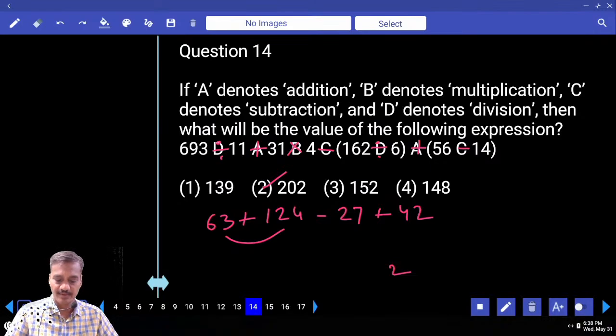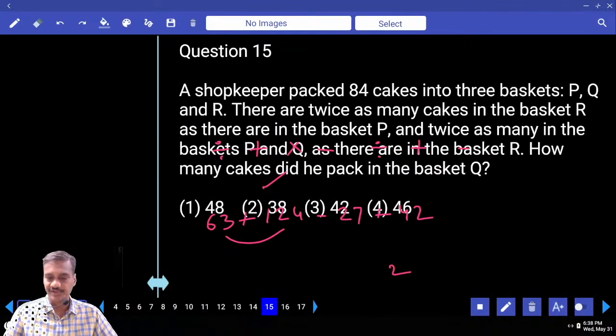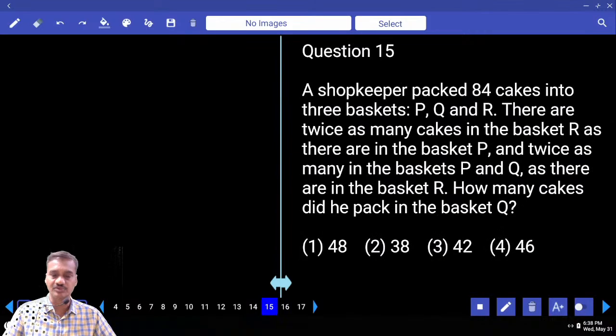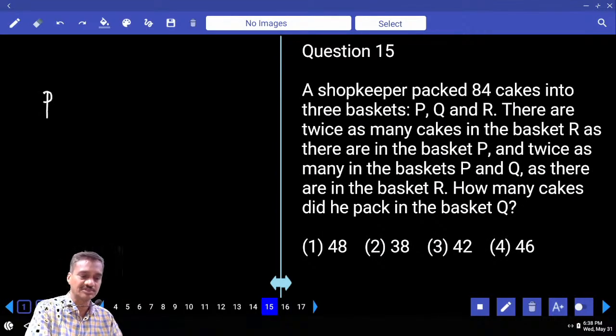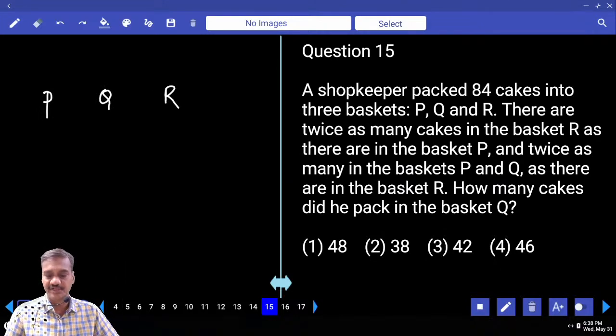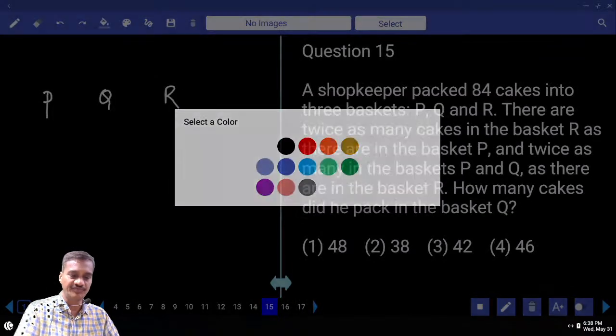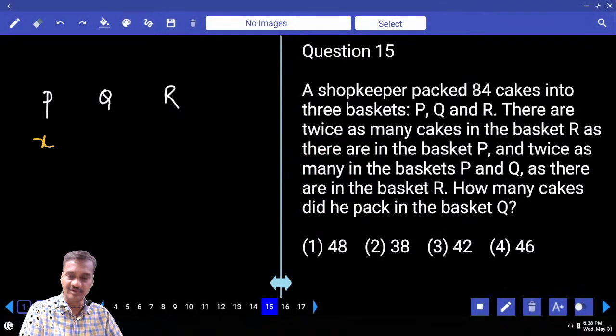The next one, the 15th one. A shopkeeper packed 84 cakes into 3 baskets. What are those 3 baskets? P, Q, and R. There are twice as many cakes in basket R as there are in P. If in P there are X, in R it will be 2X.